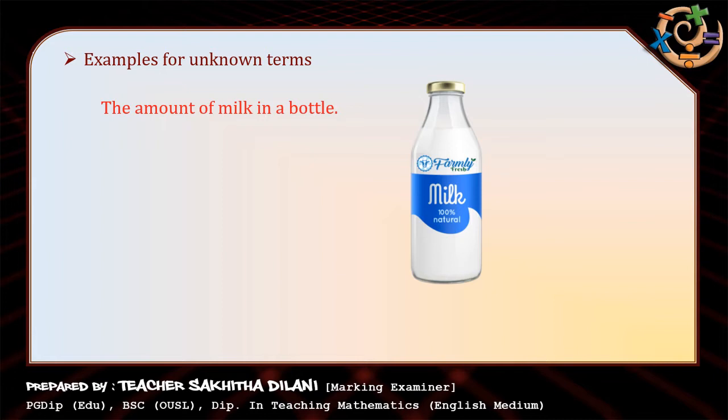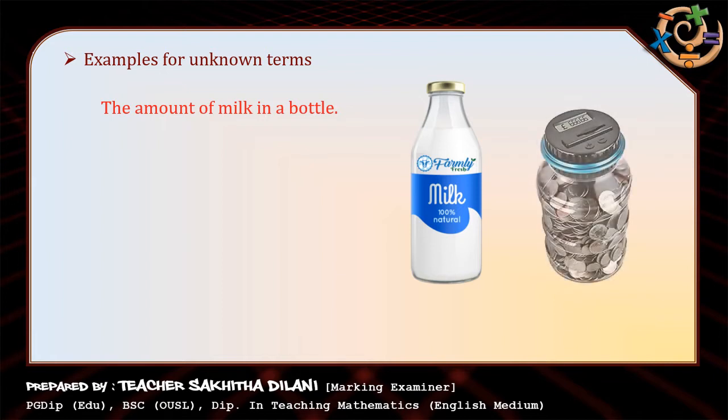Now let's see another example. Suppose that a certain till is completely filled with coins. Do you know the amount of money in this till? No, you can't say it exactly.